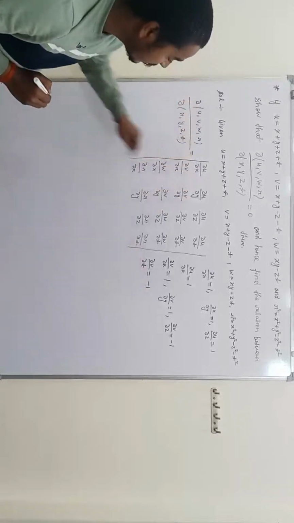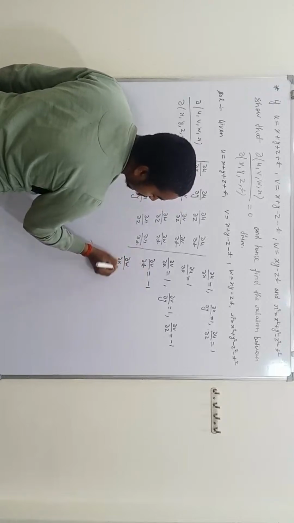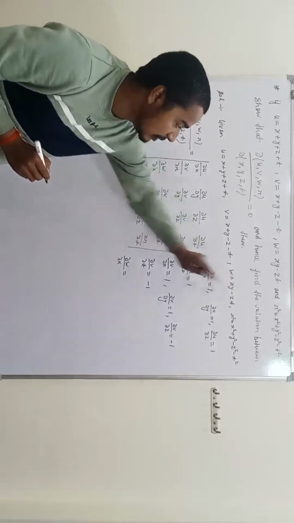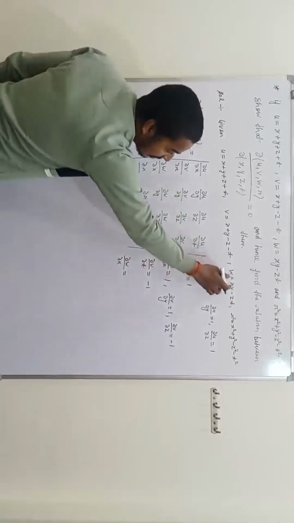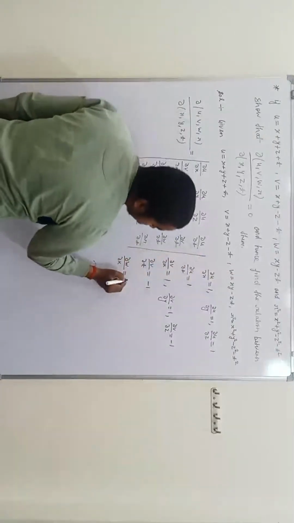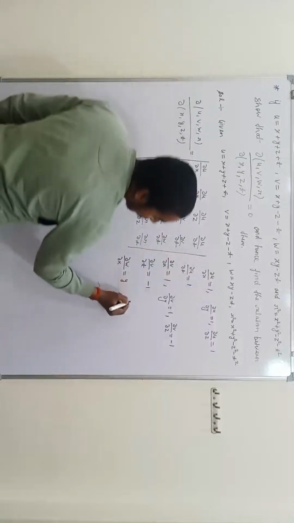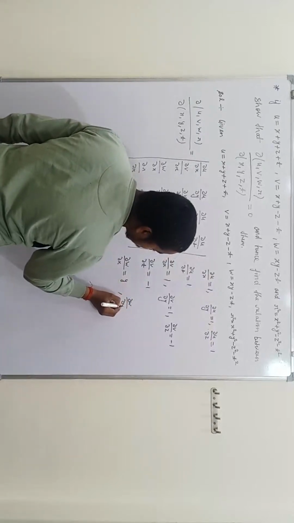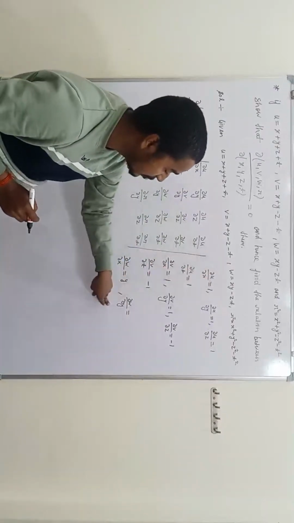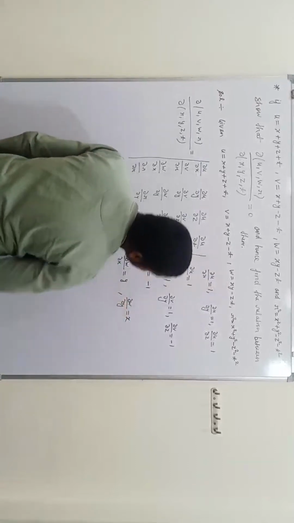Further we have to find del w upon del x. The value of w partially differentiating with respect to x, taking y as a constant, is y. Del w upon del y, partially differentiating with respect to y, taking x as a constant, is x.